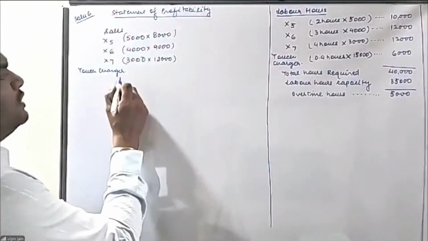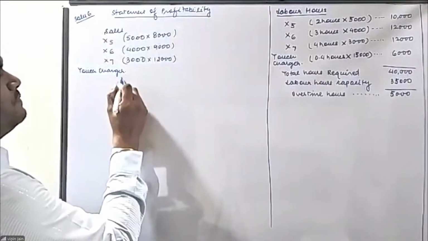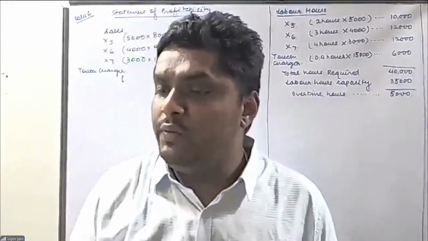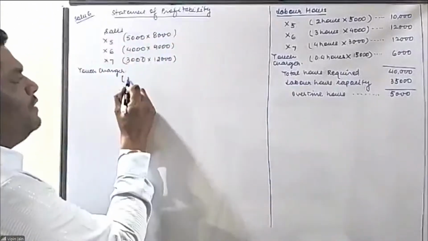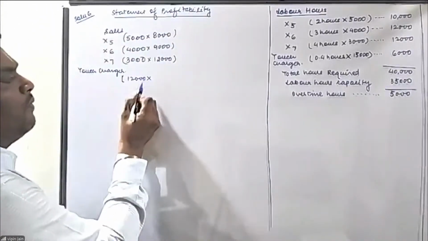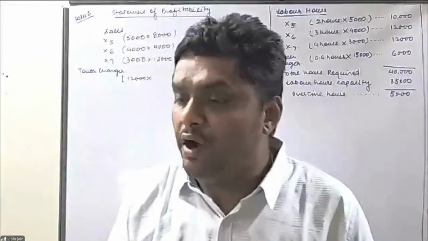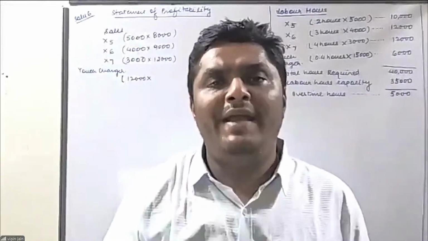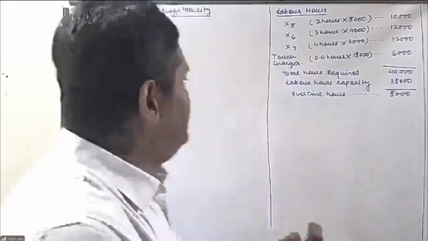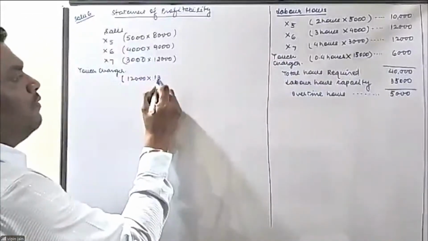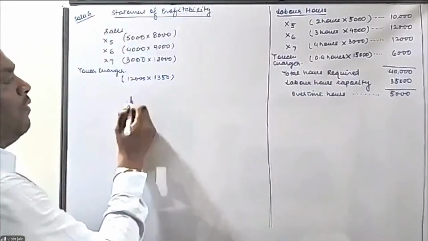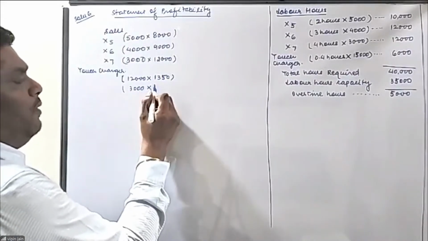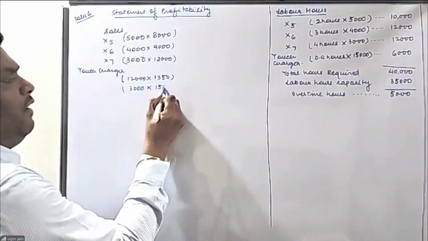So when talking about touchpad charger, total 12,000 chargers are sold along with mobile at a discount price of 10%. See, the price is 1,500. So 1,500 minus 10%, this will be 1,350. And remaining 3,000 chargers are sold at a normal price, that is 1,500.